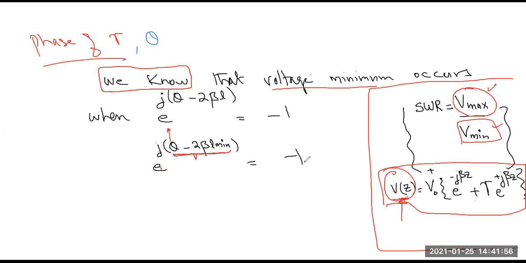Can anyone answer this question? What should be this thing so that e raised to power j something becomes equal to minus 1? Anyone?